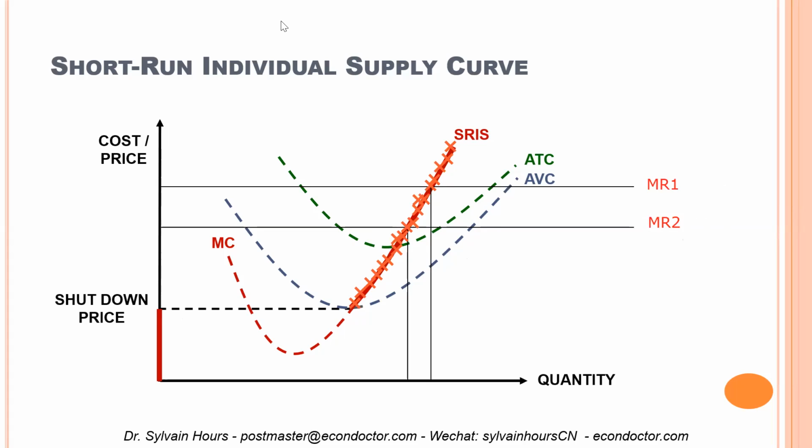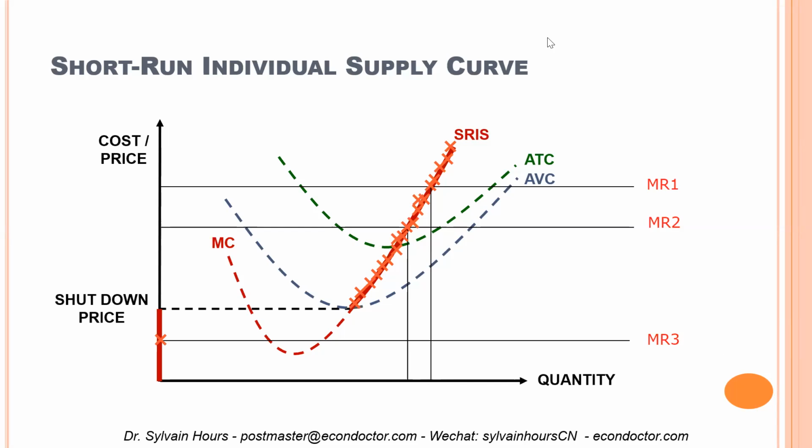But then if the price is too low, if the price is there, below the minimum of the average variable cost, then the price is below the shutdown price. So I am better off shutting down rather than staying in business. So the quantity that I would produce would be there. Okay, so this is the individual supply curve in the short run.